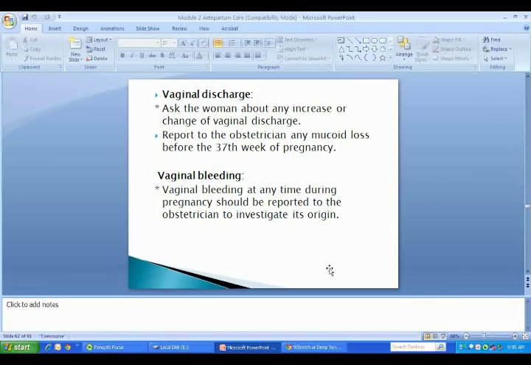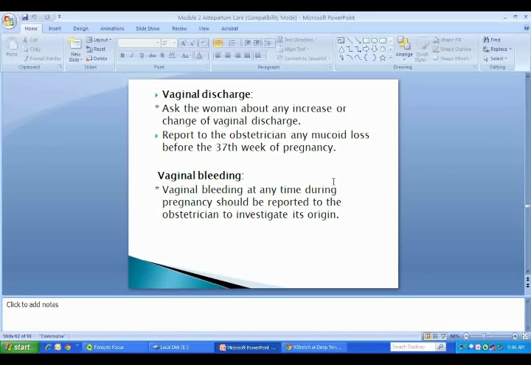Any type of vaginal discharge, they should have an increase in the end, but if they have any type of foul-smelling discharge, we've got to, again, investigate. Does she have some type of STD? And also, as far as instructions, since we're talking about vaginal discharge, we absolutely tell them no douching.